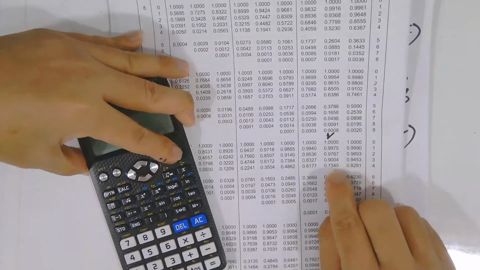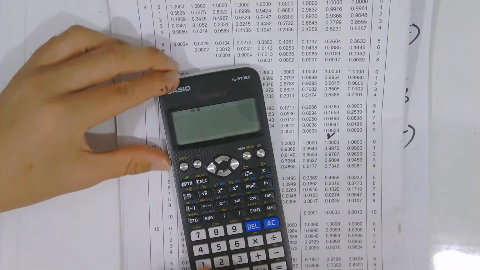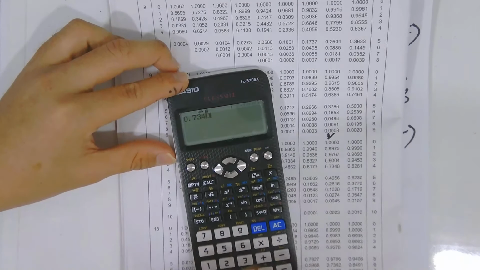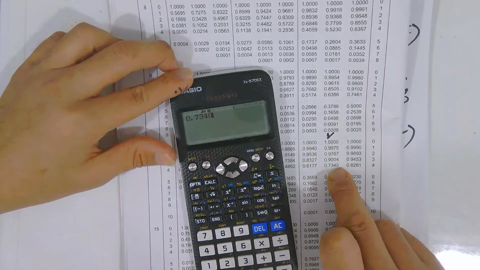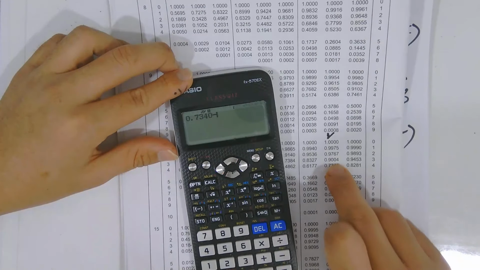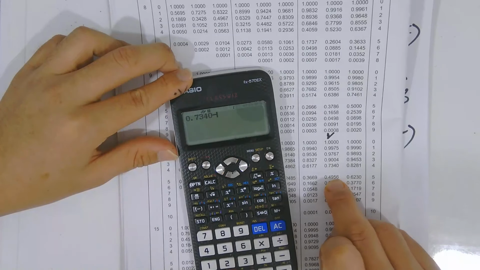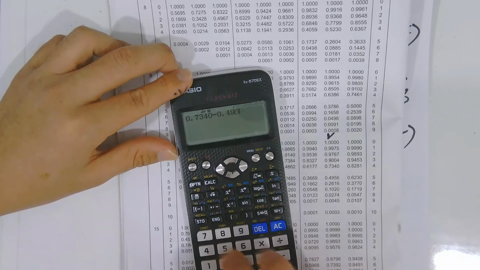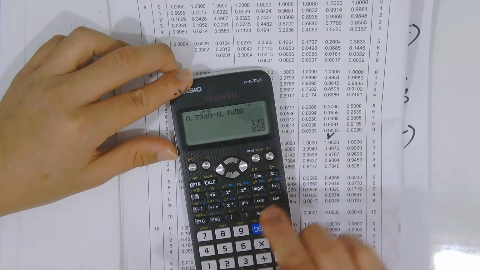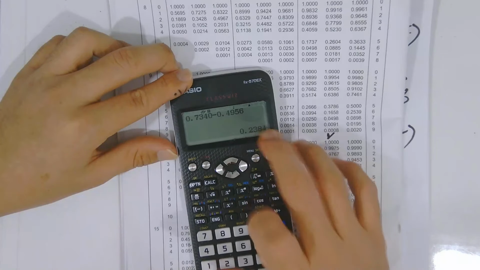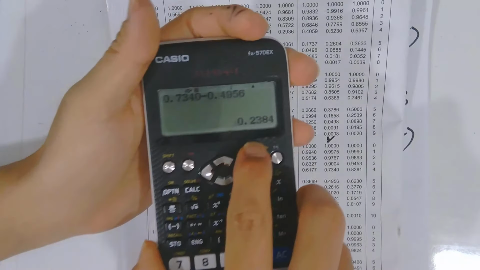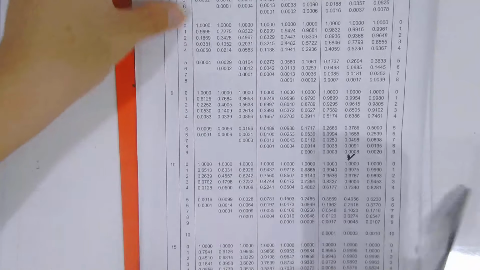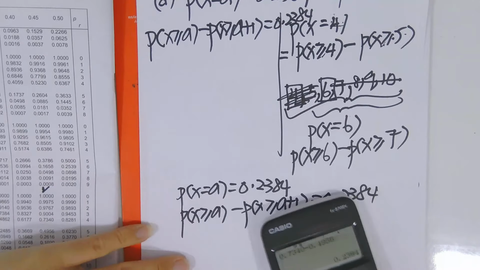So I try to minus these two values. 0.7340 minus away the subsequent value 0.4956, I get 0.2384, which is exactly here, 0.2384.